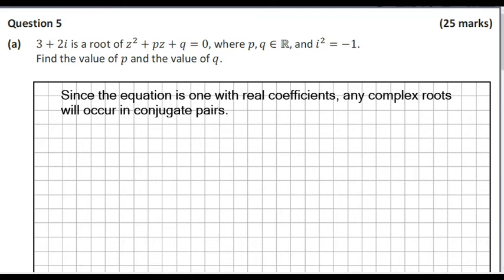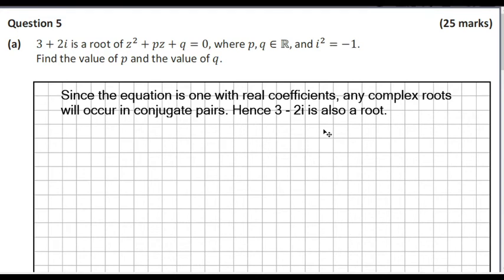Alright, so for that reason, we can say that 3 minus 2i is also a root, because that's the complex conjugate of 3 plus 2i. That's the conjugate root theorem that we're using there.